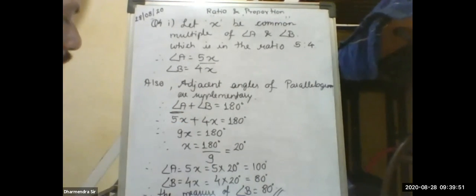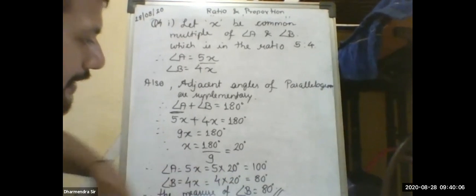After taking x as the common multiple, we got A as 5x and B as 4x. After using the property of adjacent angles and substituting the values, we got the value of x. And at last, replacing x by its actual value, 20, 4 into 20 degrees is 80 degrees. Hope you have understood. And my time is done.